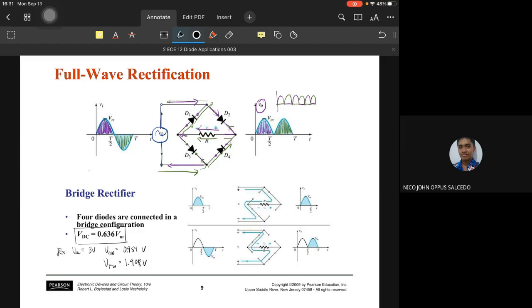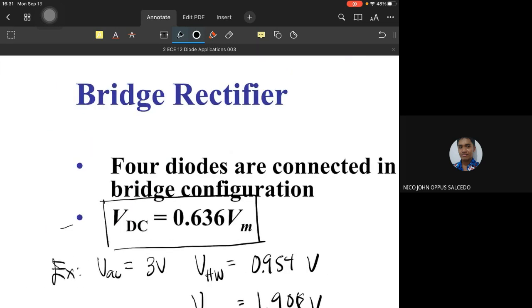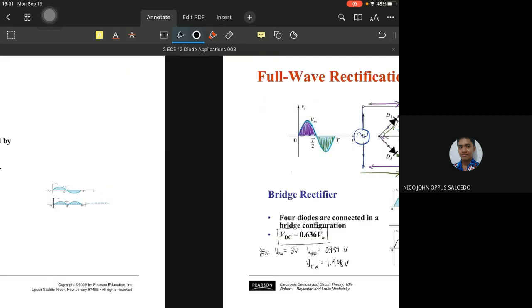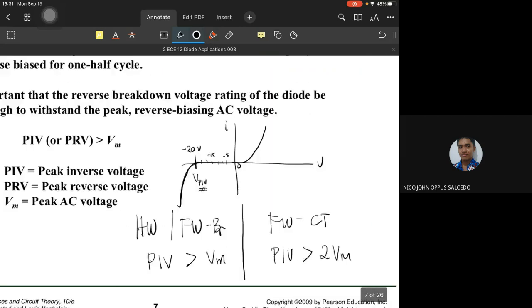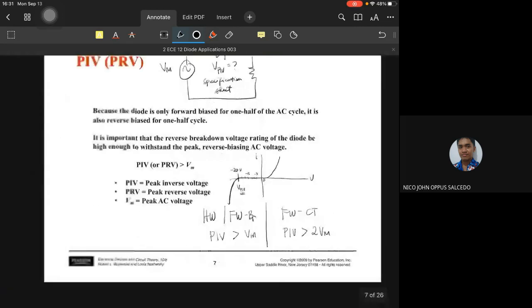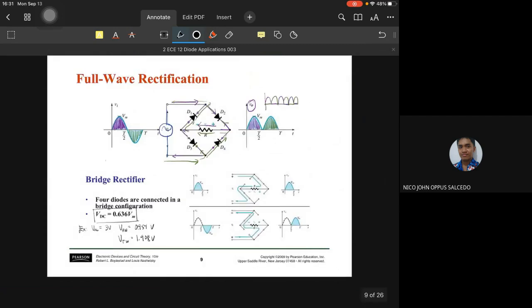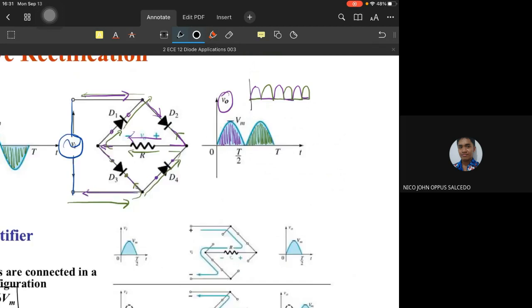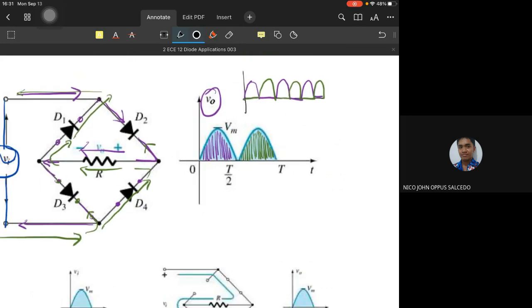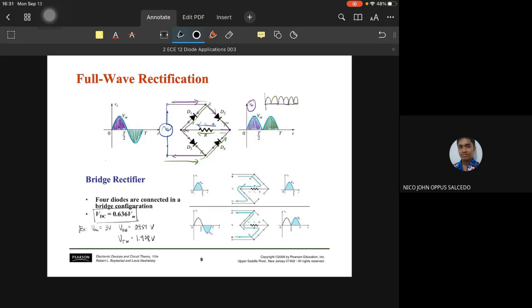Full wave rectification not only provides twice the DC voltage level compared to a half wave rectifier, but with respect to peak inverse voltage, there's no need to multiply by 2. Whatever the peak voltage level VM is, that is the value of the peak inverse voltage we look for. Or of course greater than that, much better.